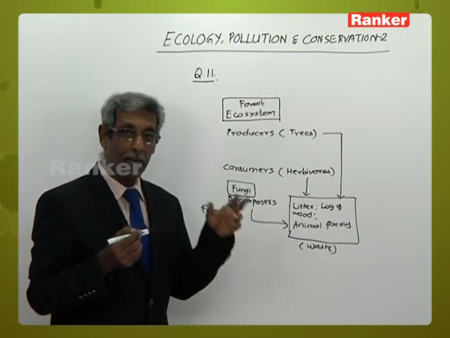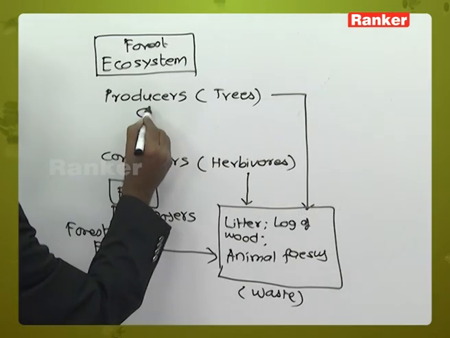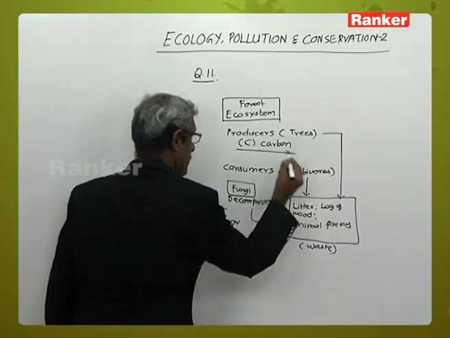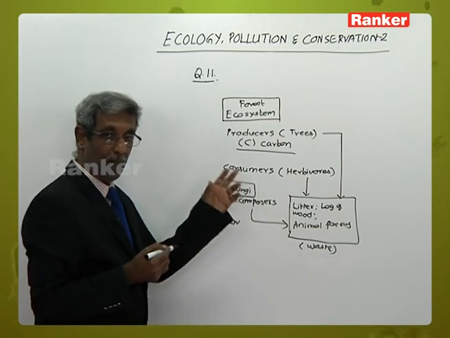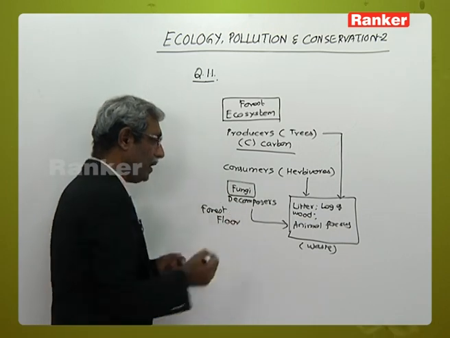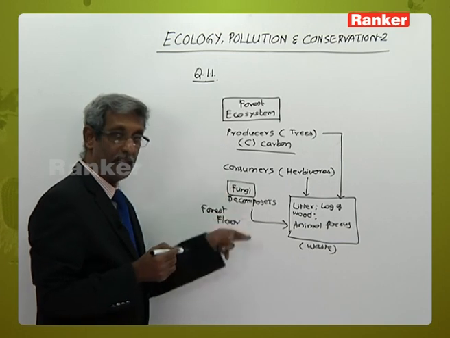The most important trapping units in the forest are the green plants which trap carbon. So, carbon trapping, that is why forests are primarily termed as the lungs of the ecosystem, and fungi or decomposers are very much needed, especially for recycling.